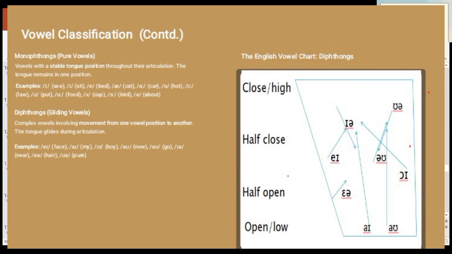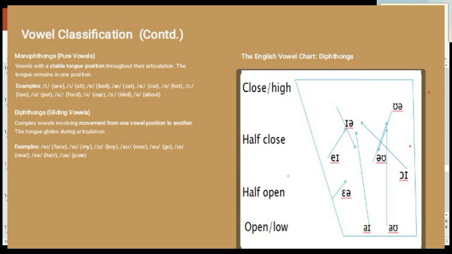The tongue glides during articulation when you produce diphthongs. So the stability in phonetic space that we witness in monophthongs does not exist in diphthongs. The only thing is that the glide is so swift that the diphthong is still produced within one syllable.